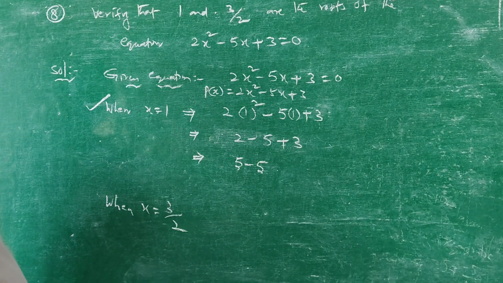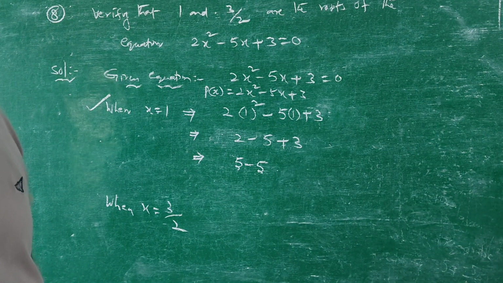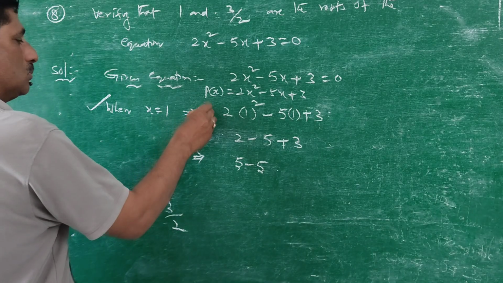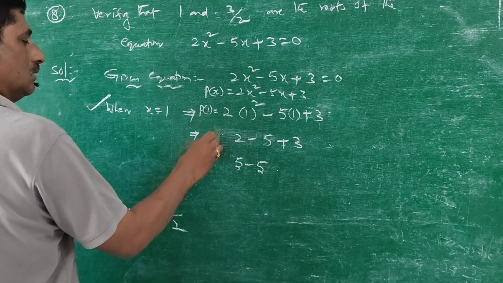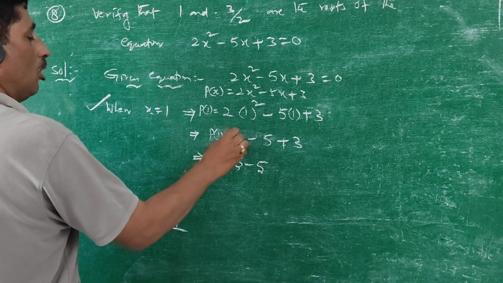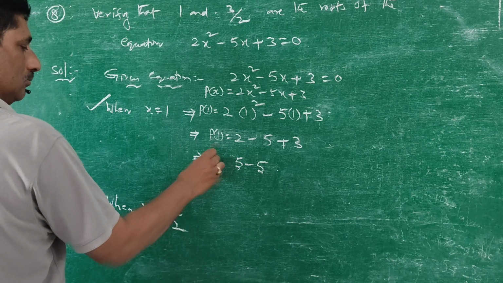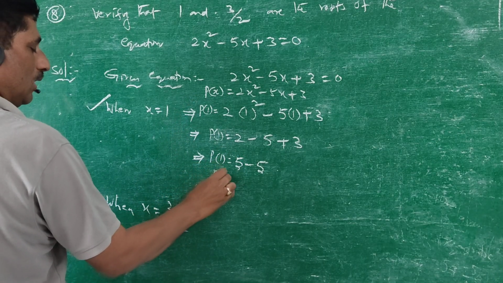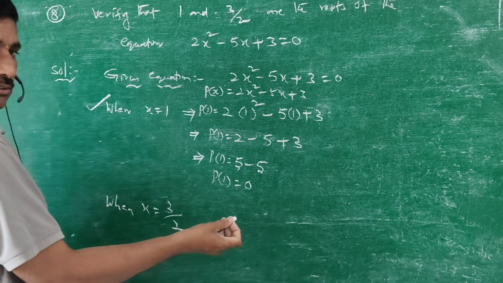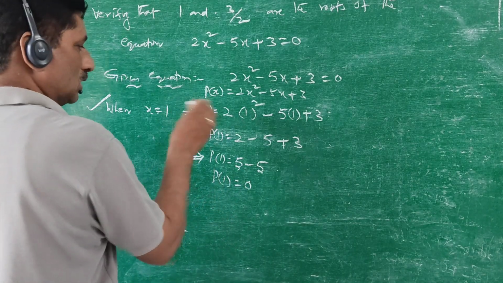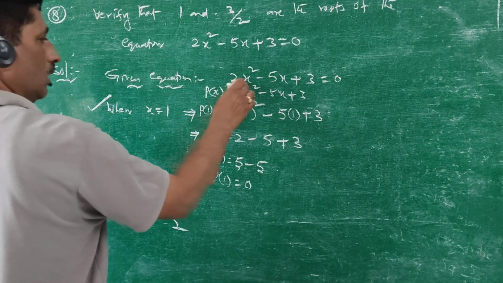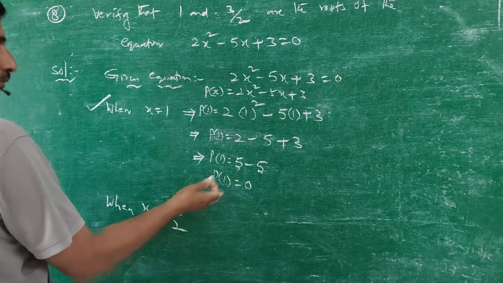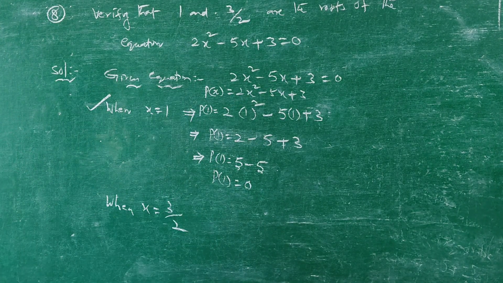When x is 1, p of 1, the polynomial in the variable x with 1 substituted, finally equals 0. We get the left side value 0, so it satisfies the equation. That's why 1 is the root of the equation.